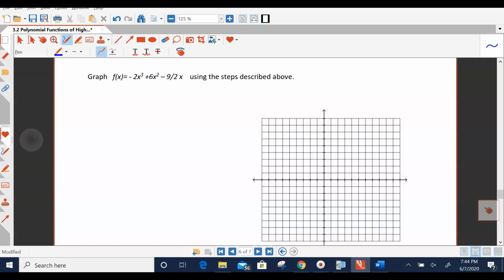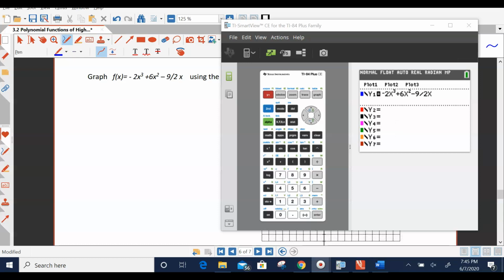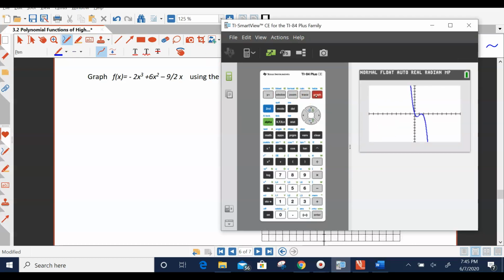Okay, last one. Actually, I'm looking at this one. How about we just go straight from the calculator? So take a second. Let's put that one in our calculator. I typed it into y equals. I'm going to press graph, and there is the graph of my function. I need to know specifically where those x-intercepts, or those zeros, are.